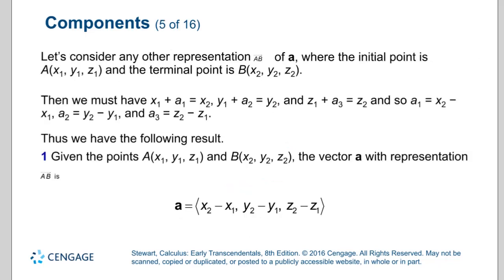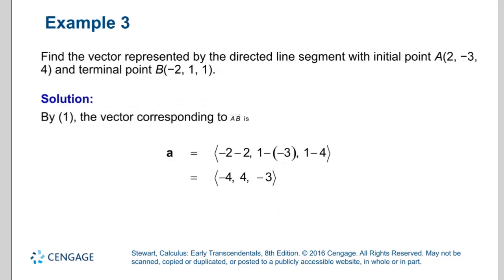All we have to do to figure that out is subtract the starting point from the ending point. We're just looking at the change. It's no different than finding the slope. We're looking for a change in x, change in y, and then change in z if we're looking at it in 3 dimensions. Those values are going to give me a1, a2, and a3.